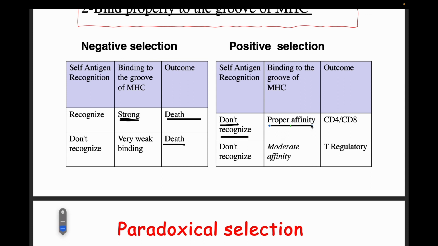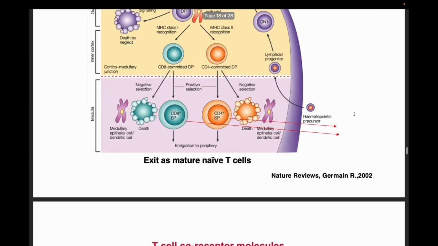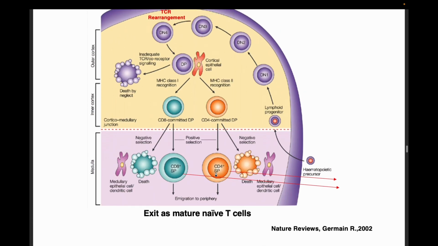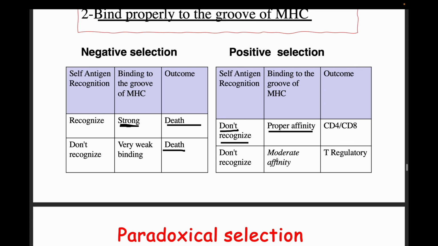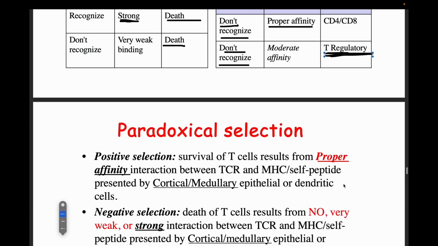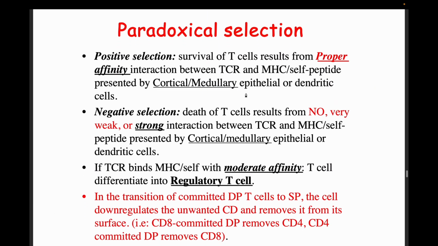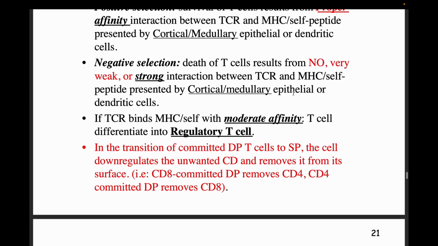If it binds to the groove with proper affinity, the outcome will be CD4 or CD8 اللي هي هذه. CD4 positive single positive, CD8 single positive. أما إذا it doesn't recognize the antigen but has moderate affinity, low recognition, it will form T regulatory cells. هاي البارادوكسال selection هسه اللي تكلمت عنه.